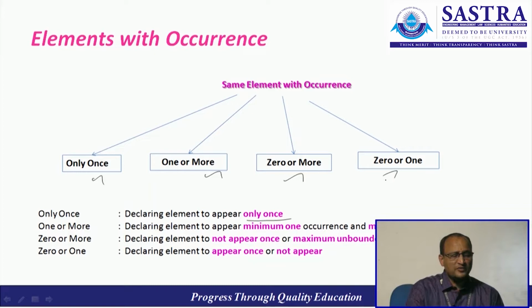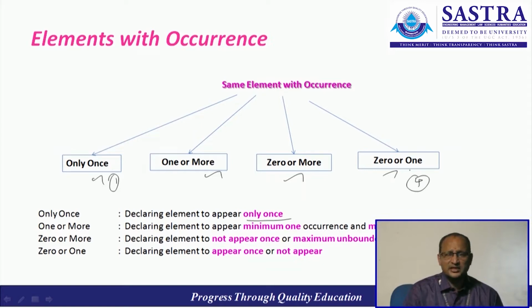So the difference between the first one and the fourth one is slightly differentiated. Only once means it should be there exactly, at least once, and we cannot provide a maximum boundary, because it should be exactly only once and we should not miss out the particular element. But the fourth one, 0 or 1, may or may not appear.